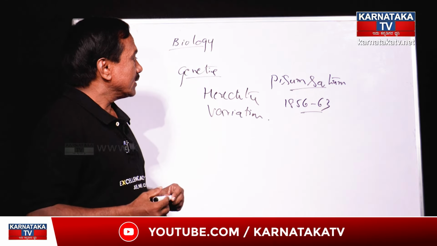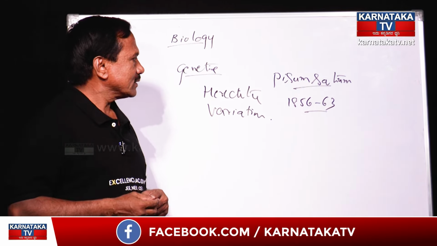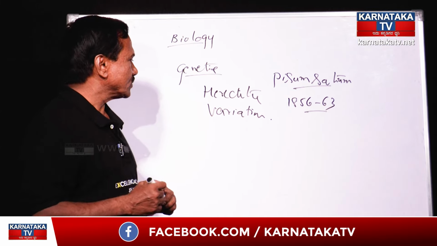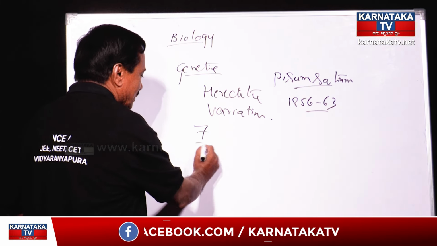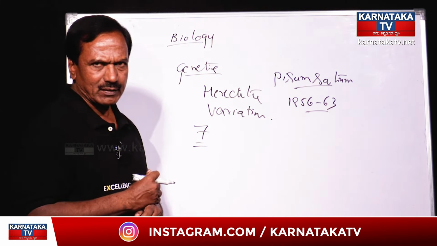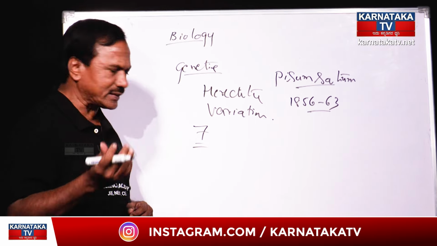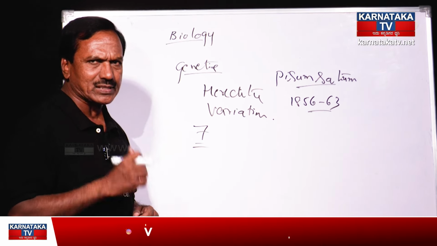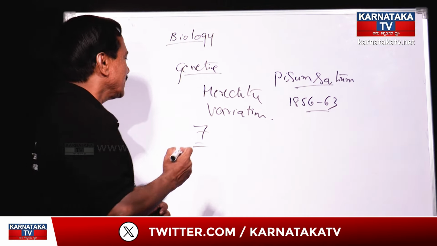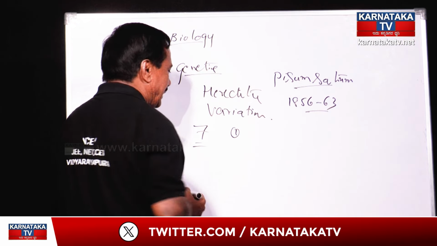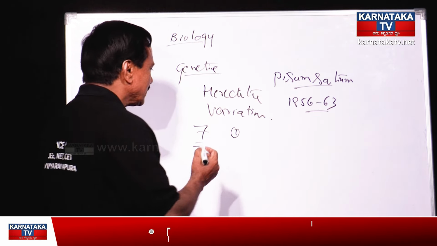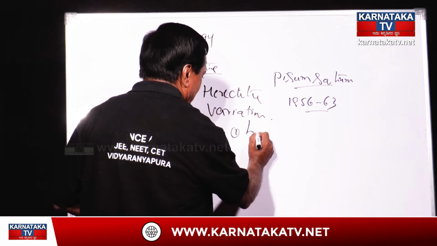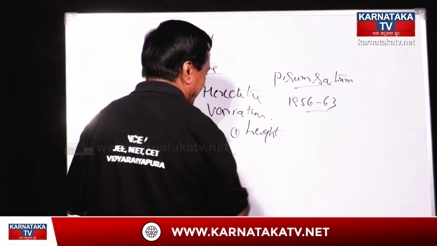Mendel studied a total of 7 characters in this plant. We can say 7 characters, or 7 pairs of contrasting characters, right? The important characters he studied were the plant height, the first character he studied.